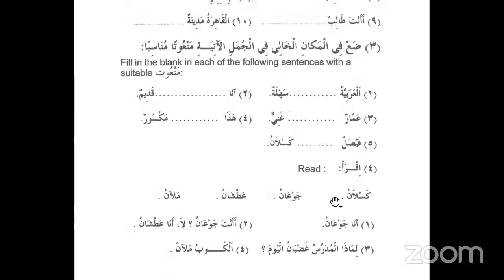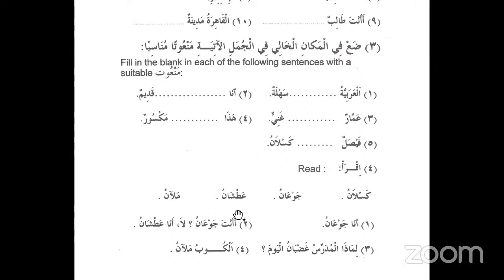Next, these words here, this is something new I'm going to teach you, and then I'm tired now as well. These 4 words: Kaslanu, ending with alif and noon, means lazy. Jo'anu means hungry. Atshanu means thirsty. Mal'anu is when you're of full stomach.